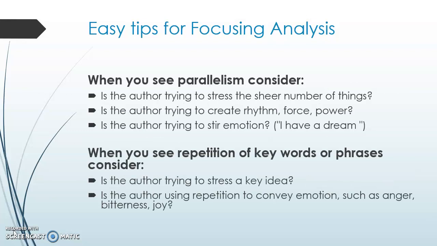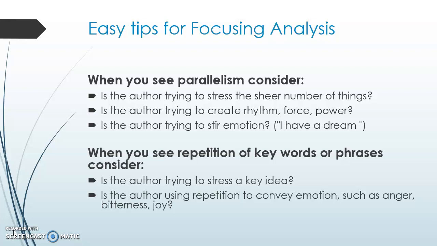So here are some tips when we're analyzing. It all boils down to the author. When we see parallelism, and we're going to talk a little bit more about that later on in the week, is the author trying to stress a number of things? The reason why we see I Have a Dream is because Martin Luther King used parallelism in that speech. Parallelism has to do with parallel. Think about the words parallel, similar.